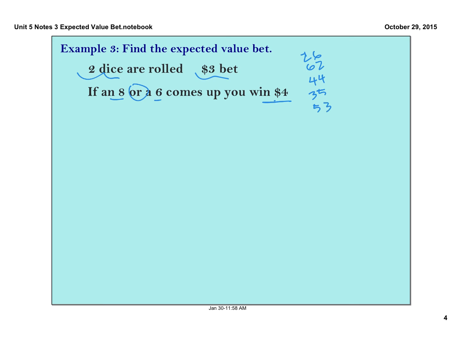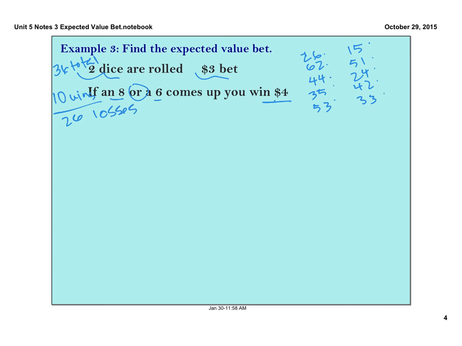For 6, we have 1 and 5, 5 and 1, 2 and 4, 4 and 2, and I'm missing one, 3 and 3. Okay, so 1, 2, 3, 4, 5, 6, 7, 8, 9, 10. That's 10 wins. So this was 36 total, 10 wins, which means 26 losses.